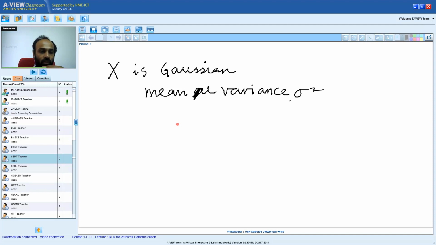If I want to write the distribution, the probability density function f of x, can someone tell me what it is? Can someone tell me the probability density function? No, sir. No one is familiar?